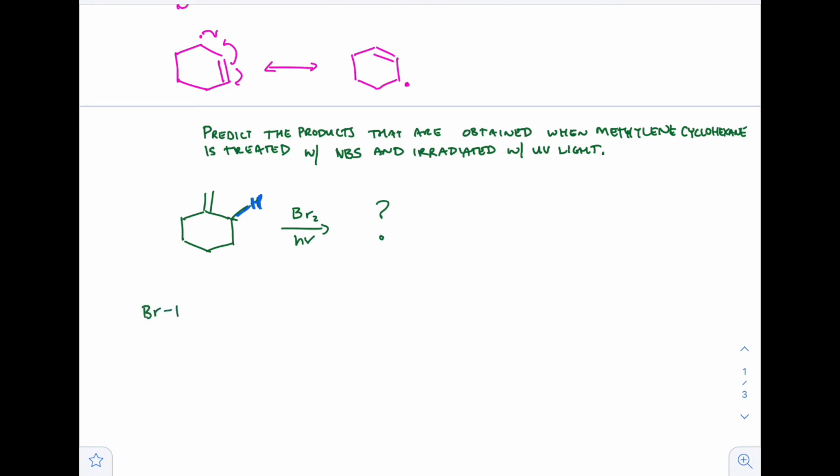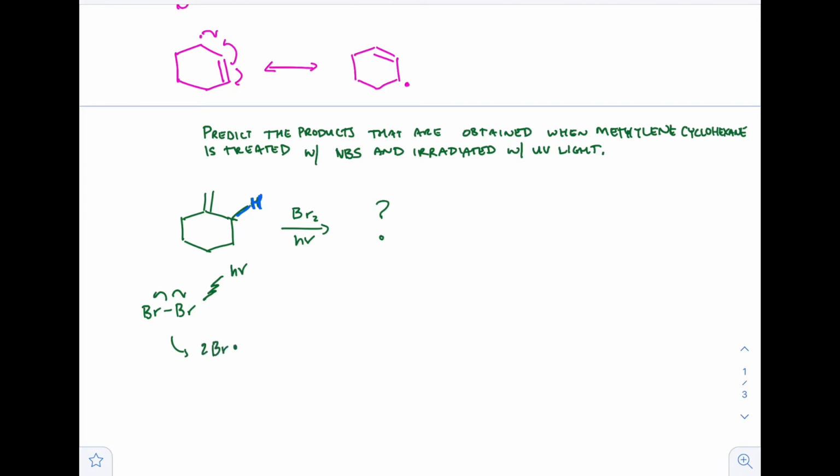Because we have that hydrogen there, let's just imagine we form a bromine radical somehow, some way. It keeps coming at me like every single day. A bromine radical.